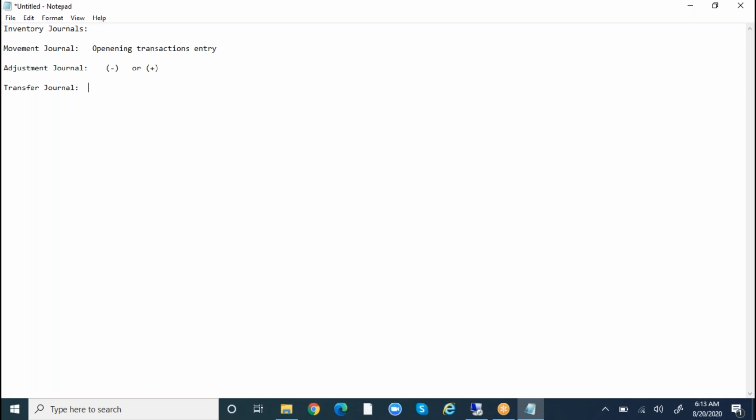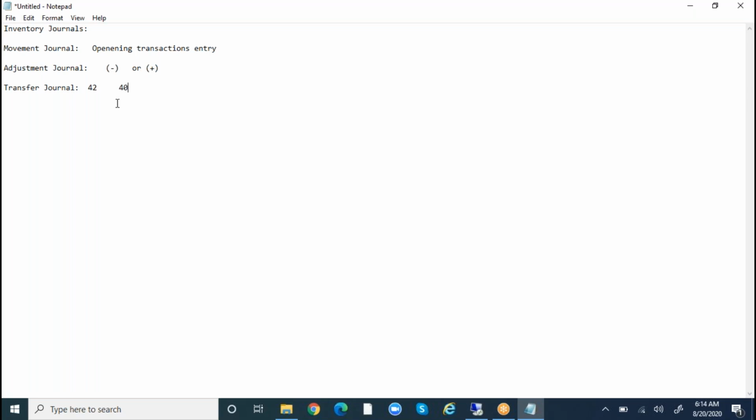That means I want to change from size 42 to size 40. Here the total quantity is the same, but I'm changing one inventory dimension to another. Otherwise, I want to change from white to black, black to red, or change a batch number from one batch number to another.